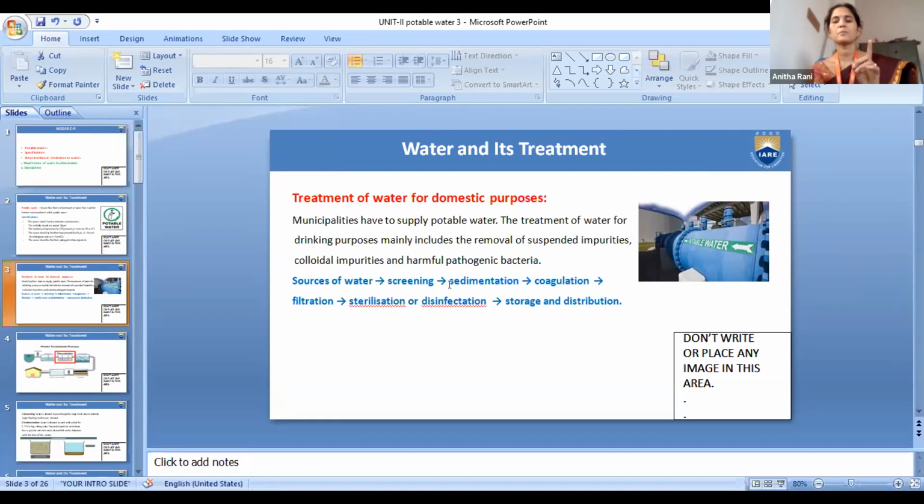How many steps are there? First step, screening. Second step, sedimentation. Third step, coagulation. Fourth step, filtration. Fifth step, disinfection. In treatment of potable water, how many steps are there?